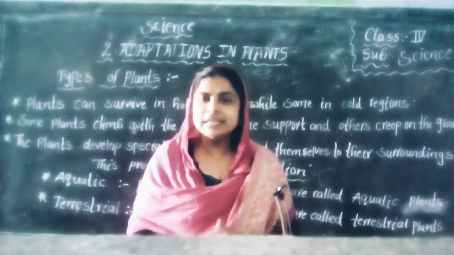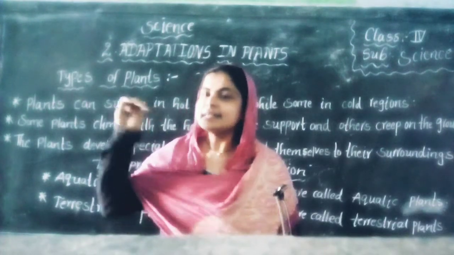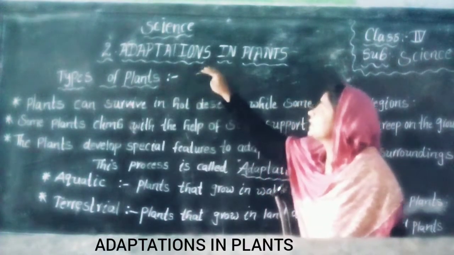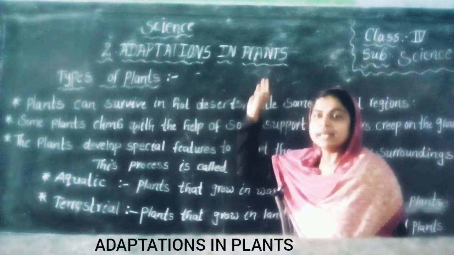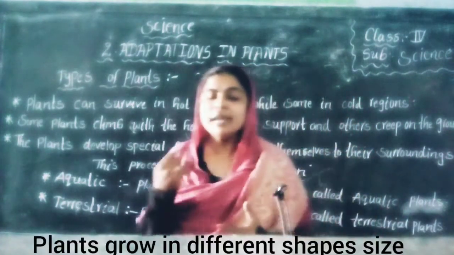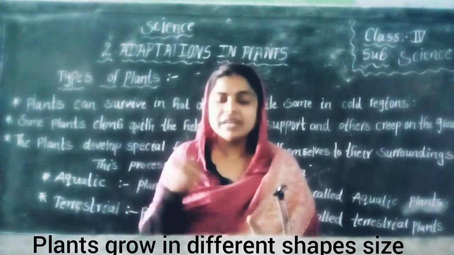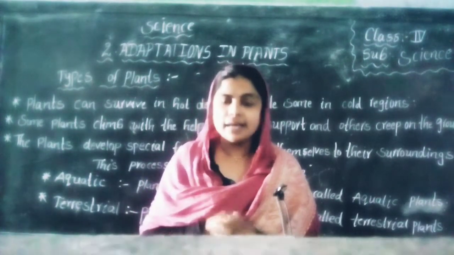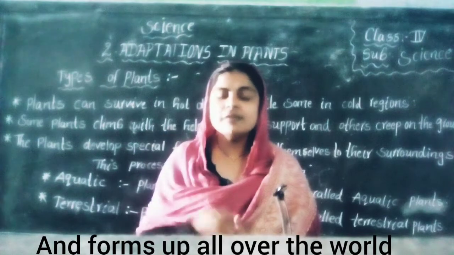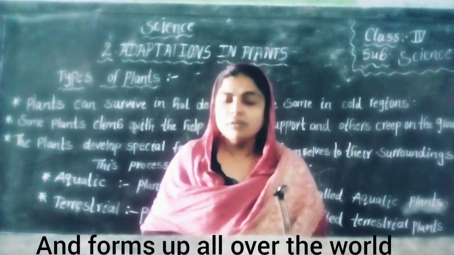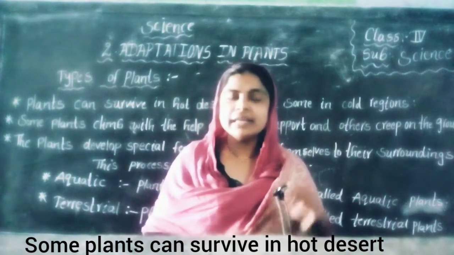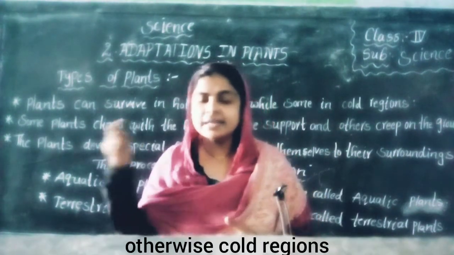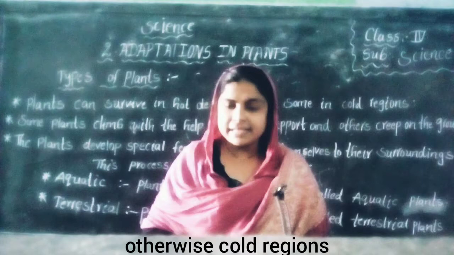Today let us continue science, second unit: adaptation in plants. Plants grow in different shapes, sizes and forms all over the world. Some plants can survive in hot deserts or cold regions.